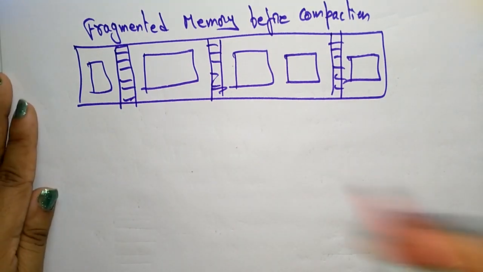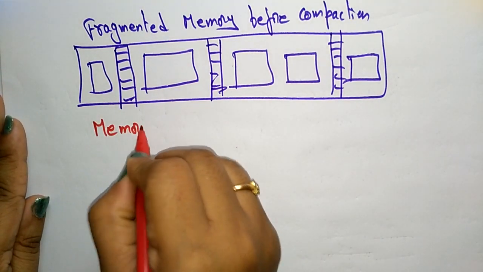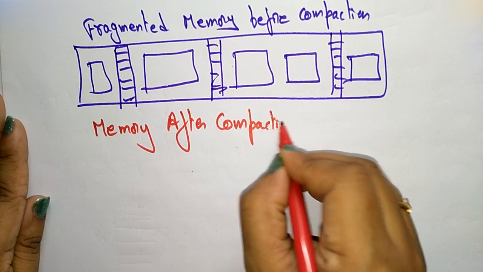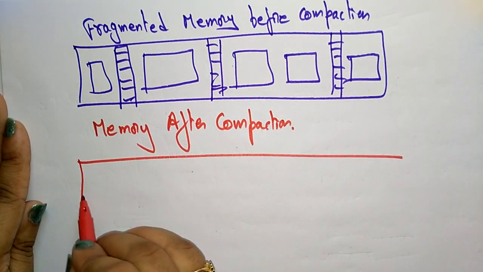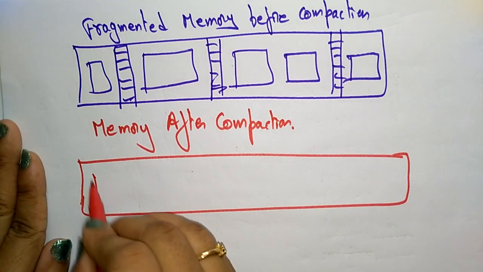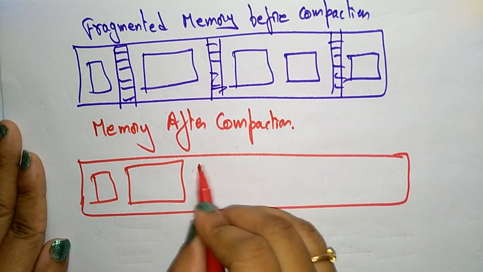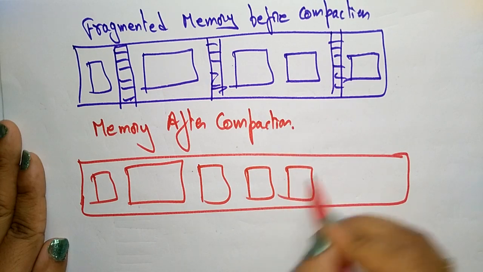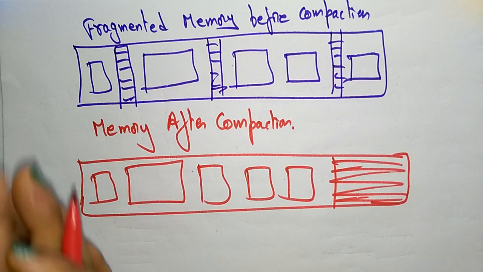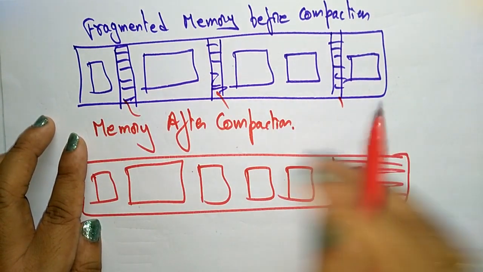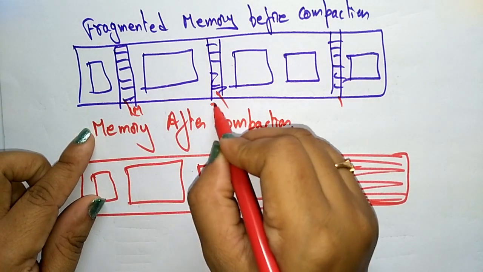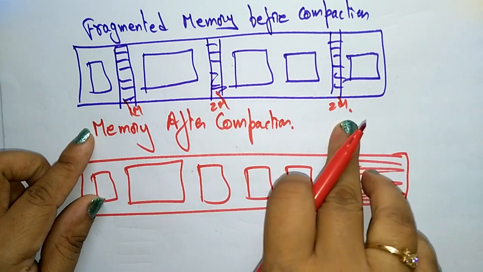After compaction, which means the shuffle, how does it look? Whatever unused area is there will be moved to the end. So this is one process, next process, next process, and this is completely unused. We are shuffling all the unused partitions together to make one big partition. Suppose these are 1M, 2M and 2M, so a total of 5M of space is there.